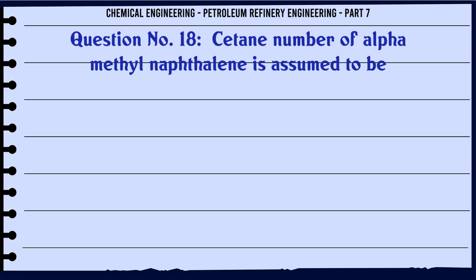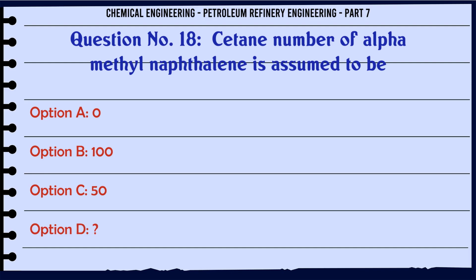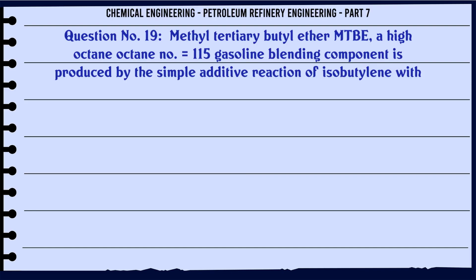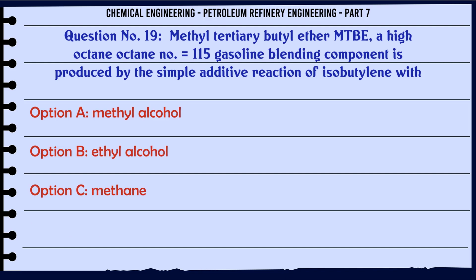Cetane number of alpha-methyl naphthalene is assumed to be: A. 0, B. 100, C. 50, D. The correct answer is 0. Methyl tertiary butyl ether (MTBE), a high octane number (115) gasoline blending component, is produced by the simple additive reaction of isobutylene with: A. methyl alcohol, B. ethyl alcohol, C. methane, D. ethane.